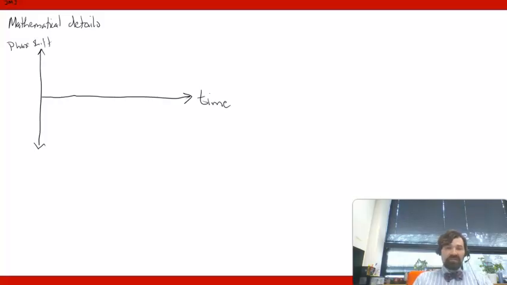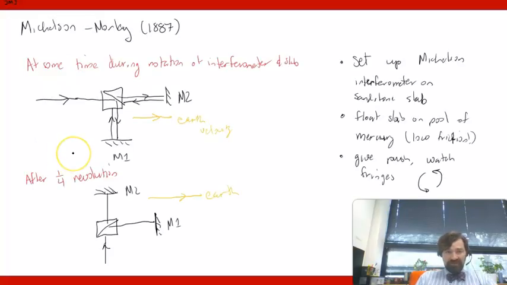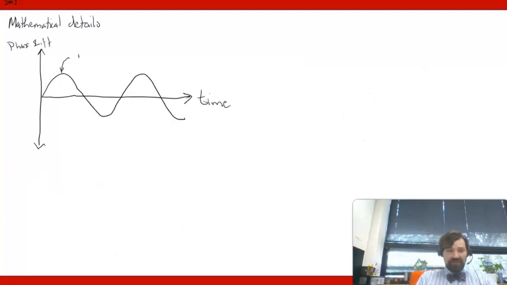We expect the plot to be sinusoidal. Let's call this case or time 1 and case or time 2. So this would represent case 1 or time 1, and this would represent case 2 or time 2.